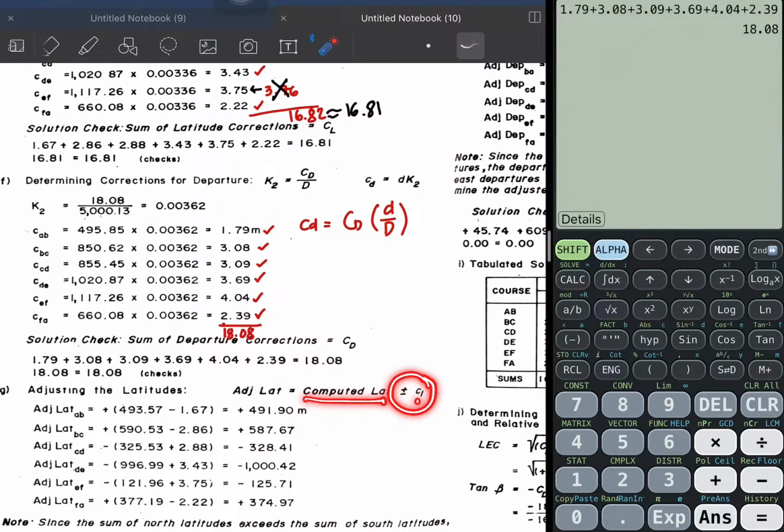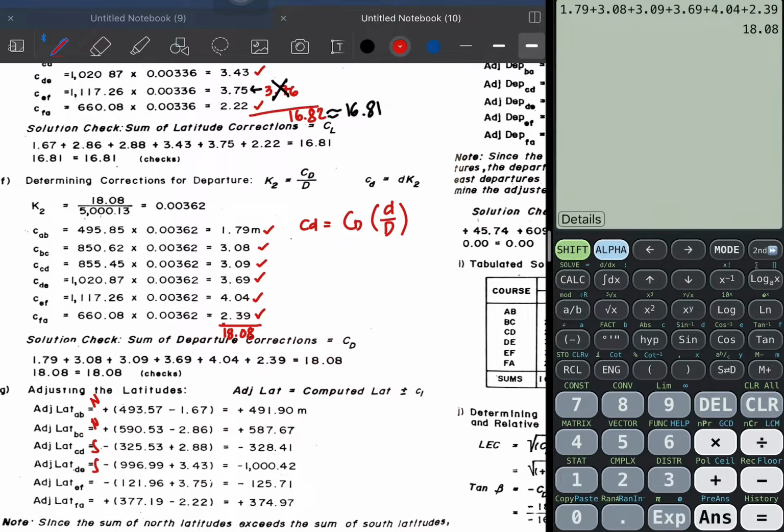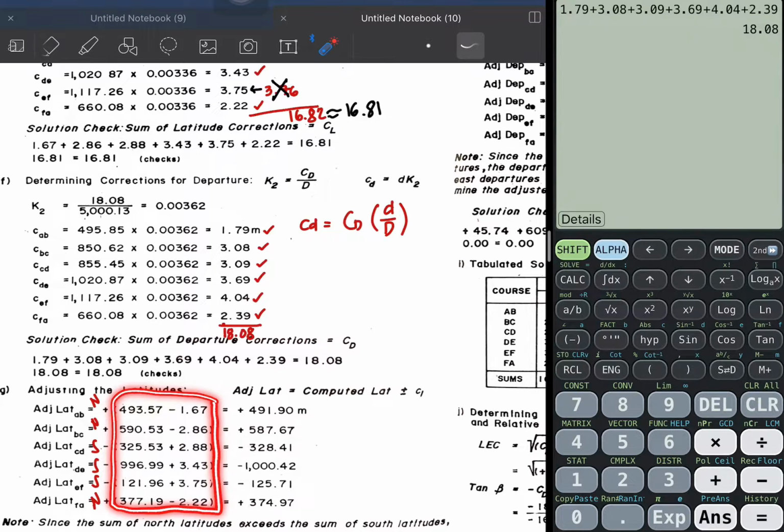The correction for the south latitude is to be added or plus. Okay? So for this sign convention, this is north, north, south, south, south, north. So no need to add this sign convention. You have the close parenthesis to solve for the adjusted latitudes.